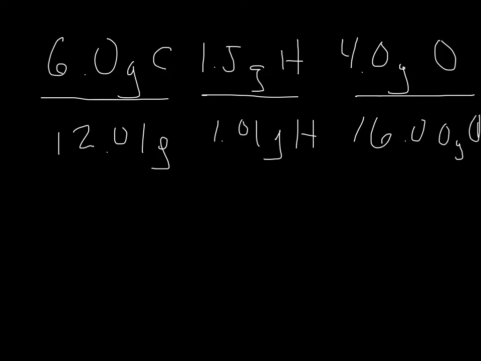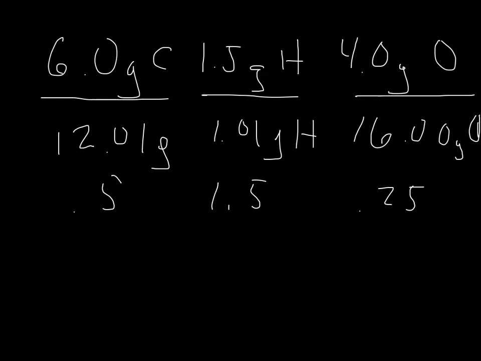Sorry, that's an O. So 6 divided by 12 is obviously 0.5. 1.5 divided by 1.01 is about 1.5. And 4 divided by 16 is 0.25. So it's a ratio of 0.5 moles of carbon to 1.5 moles of hydrogen to 0.25 moles of oxygen.